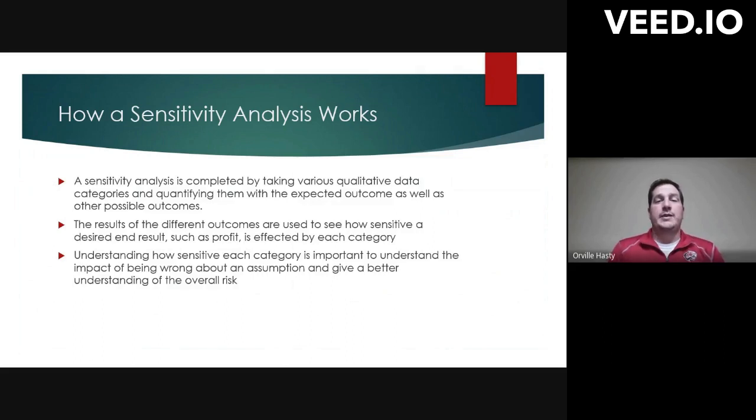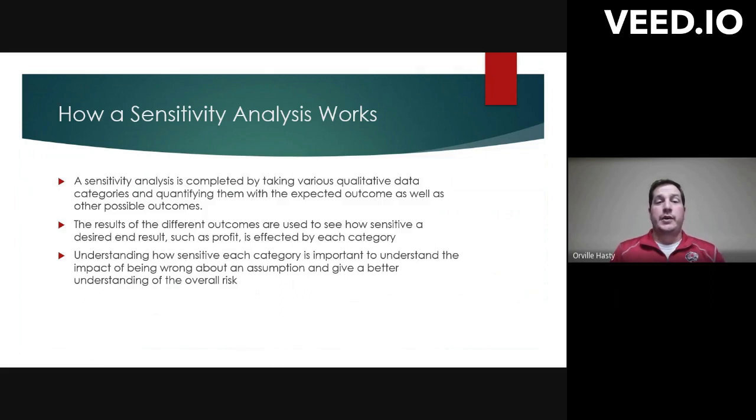So, how does this work? They're completed by taking various qualitative data categories and quantifying them with an expected outcome as well as a range of outcomes. So, looking at some of what could happen if things don't go exactly how they're planned.